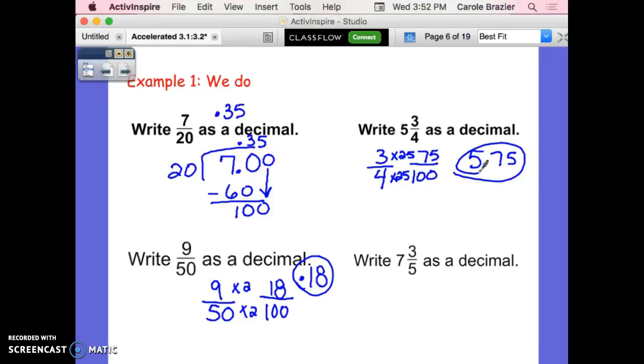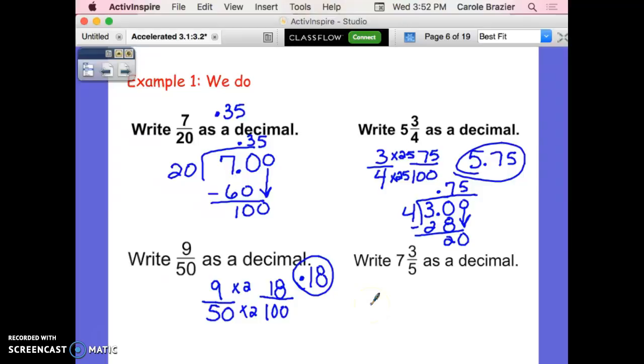Again, if you can't see that, you could have taken 3 divided by 4, so it's always numerator on the inside, denominator on the outside. 4 doesn't go into 3, so add a decimal. 4 goes into 30 7 times, minus 28, left with 20, because I annex a 0, and it ends up being 75, and I put my whole number in front, so 5.75.